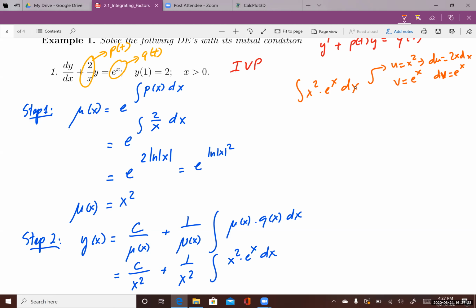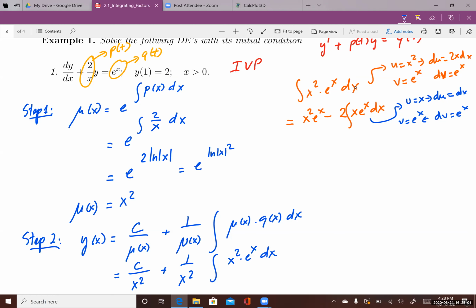Then this integral equals uv, which is x squared e to the x, minus the integral of v du, which is 2x e to the x dx. The next question is we need to find this integral right here. Again using integration by parts, let u equal x, so du equals dx, dv equals e to the x dx, and then v equals e to the x.